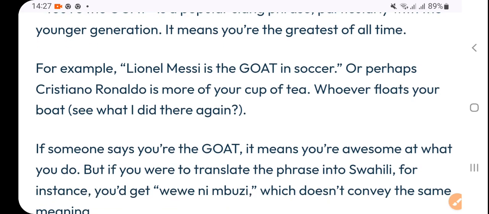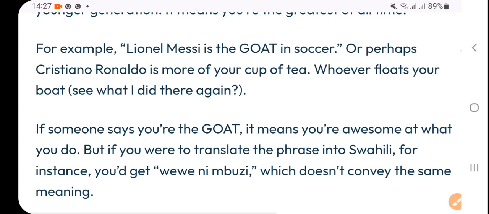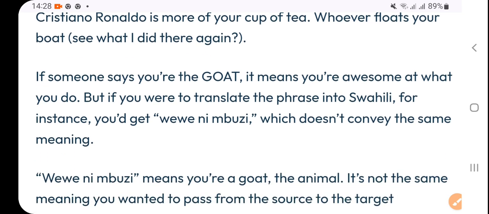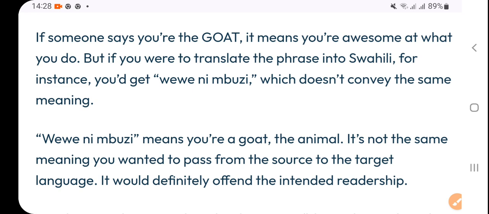So Lionel Messi is the goat in soccer, or perhaps Ronaldo is more of your cup of tea. Whoever floats your boat, see what I did there? So if someone says you are the goat, it means you are awesome at what you do.